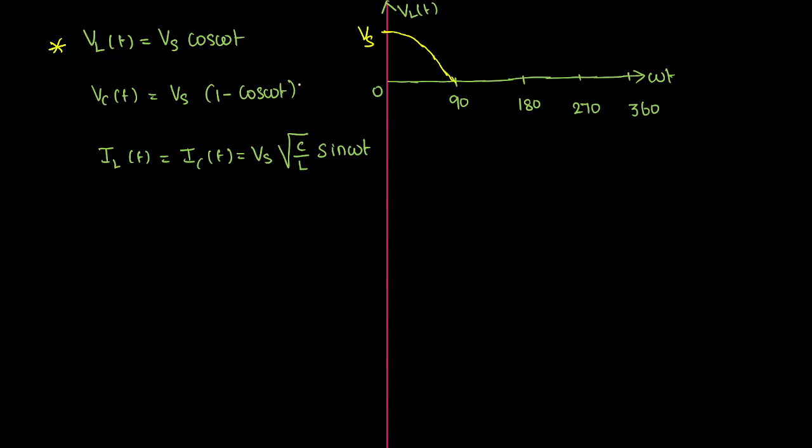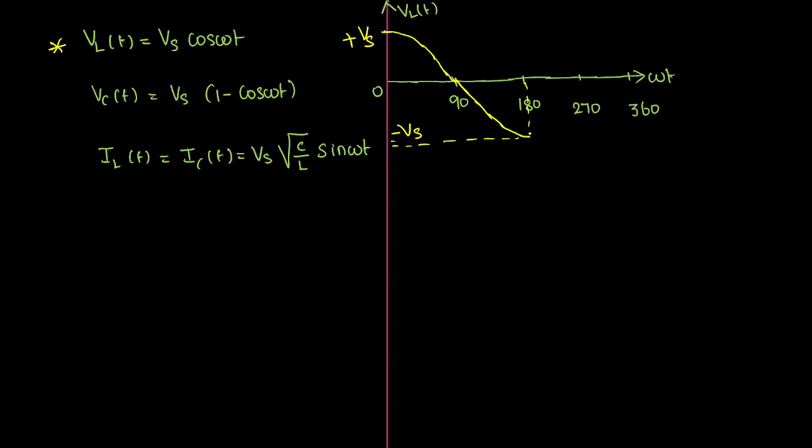Then at omega t equal to 180, cos 180, cos pi, will be minus 1. So minus 1 into Vs will be minus Vs. So it will be reaching the maximum peak voltage in the negative zone, minus Vs. It is going from plus Vs to minus Vs in 180 degree.